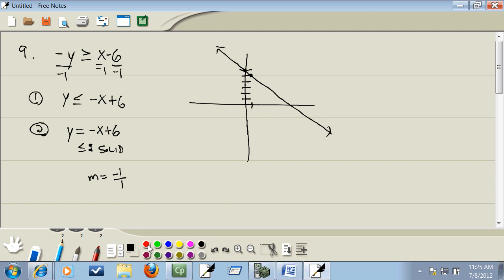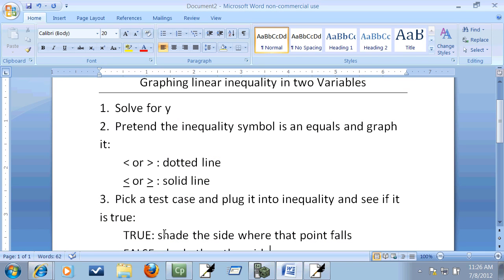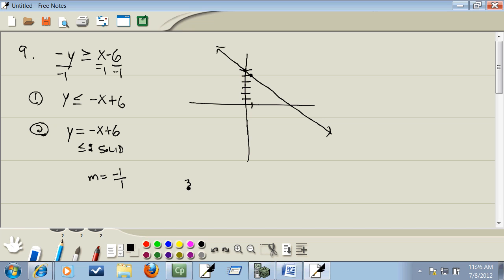Now we want to pick a test case. This is step 3. Almost always the perfect one to pick will be your origin, unless your line goes through the origin, or you can't tell which side it's on of the origin. Obviously the origin, 0, 0, is on this side right here. So we're going to plug it into our inequality, and I'm going to work with this one where we got the y by itself.